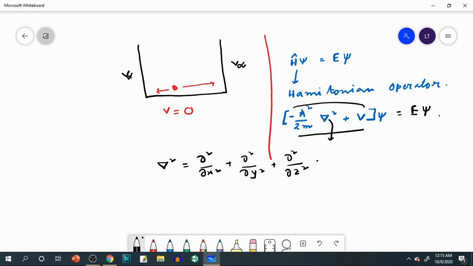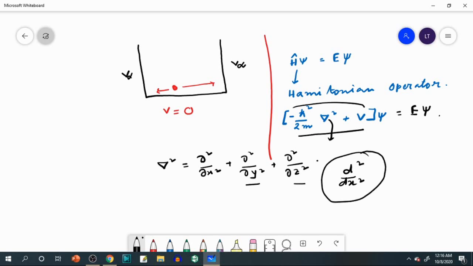But for a particle in one dimension we will consider only the x direction, so no y or z. So the Laplacian operator will be reduced to d2 by dx2. The partial sign will not be there because we are considering only one variable, not more than one.